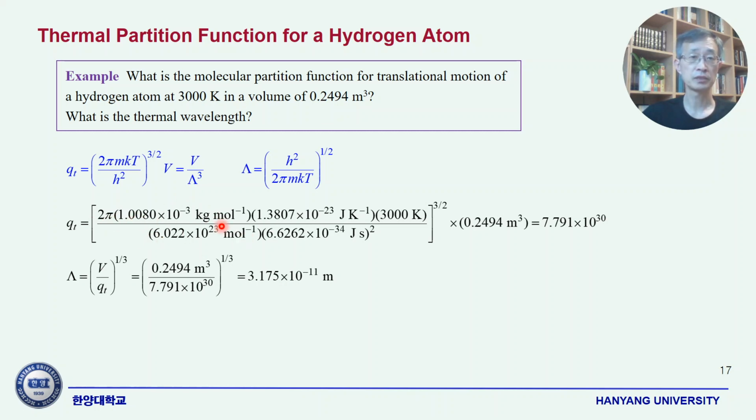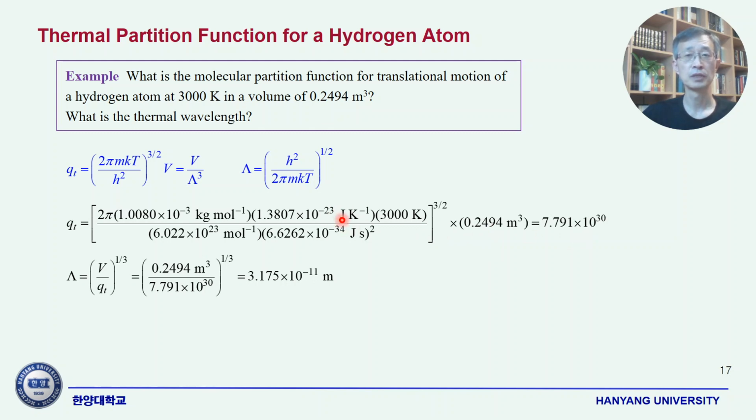What we get is the mass of the hydrogen atom, and then we use just the molecular gas constant, which is the Boltzmann constant here, and the temperature 3000 K, and then we put in h for the Planck constant, and the volume is as it is here. The volume is given in cubic meters, and then kilogram meter cubed. What we get is in joules.